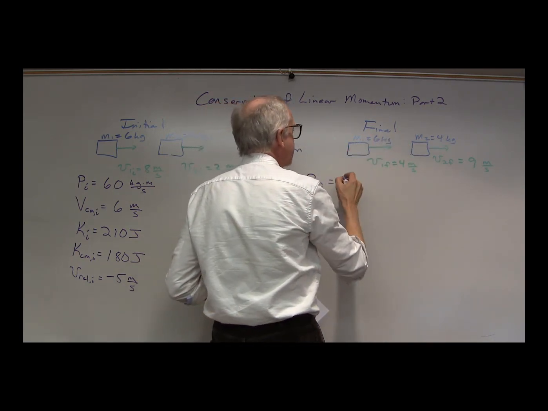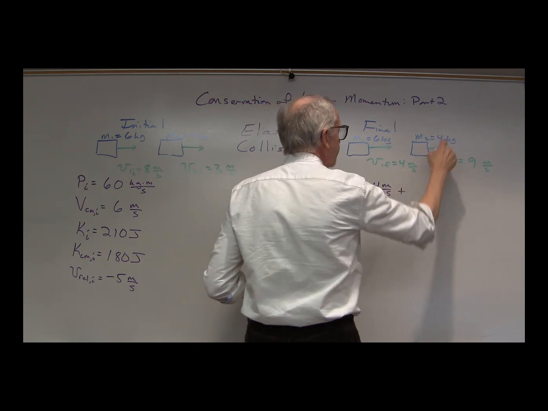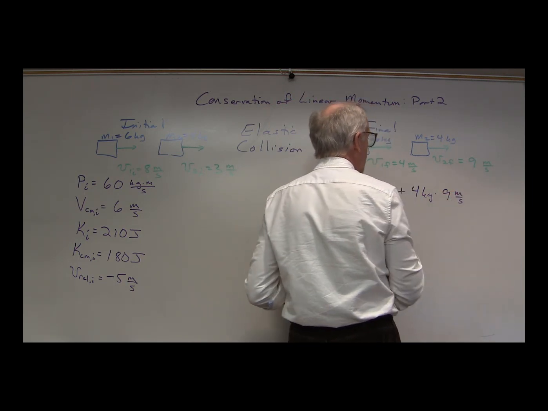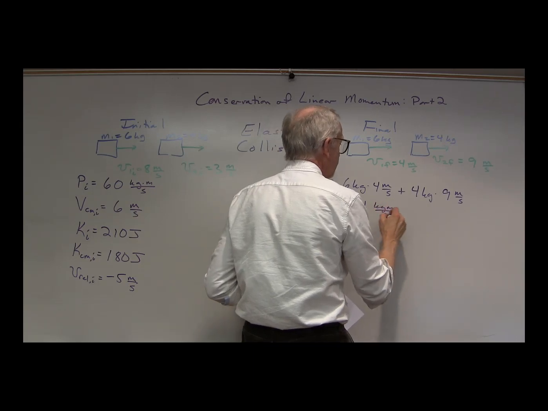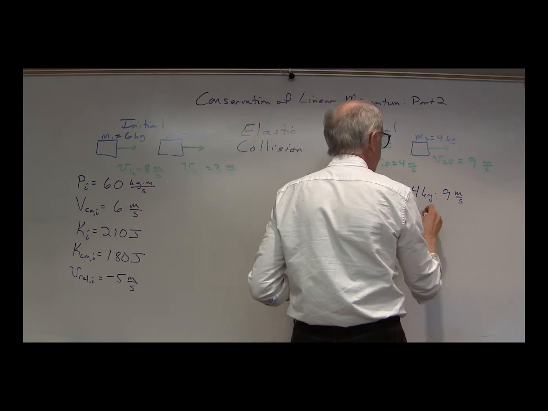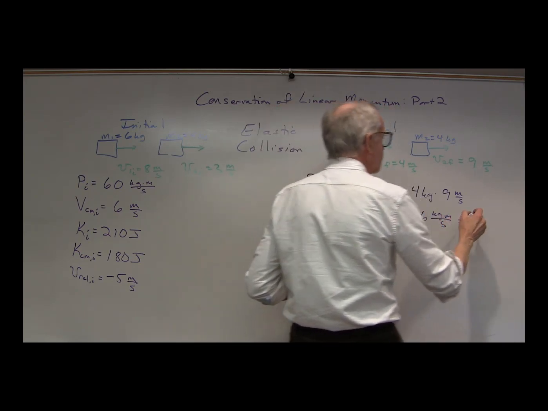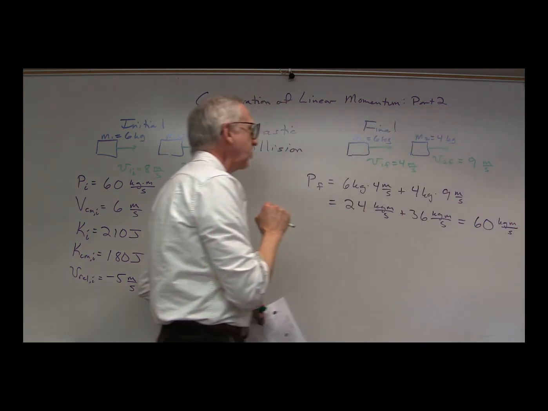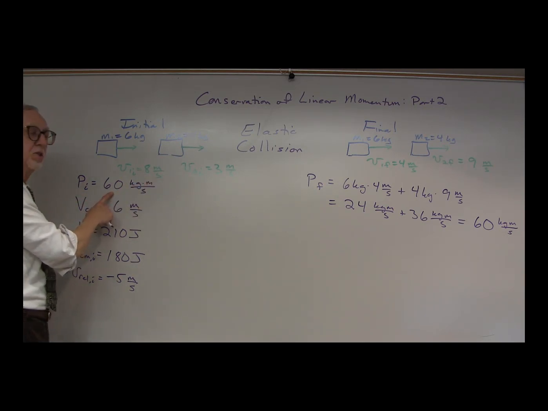So that's going to be 6 kilograms times 4 meters per second plus 4 kilograms times 9 meters per second, which leaves us with 6 times 4 is 24 kilogram meters per second, plus 4 times 9 is 36 kilogram meters per second. 24 plus 36, 60 kilogram meters per second. Well, what do we notice? We notice that the momentum is conserved. Our final total momentum is exactly the same as our initial total momentum.